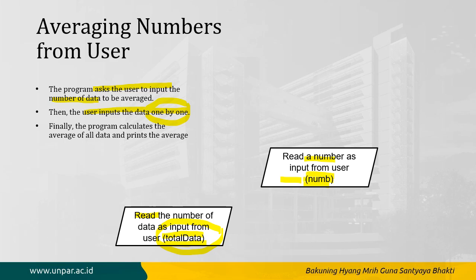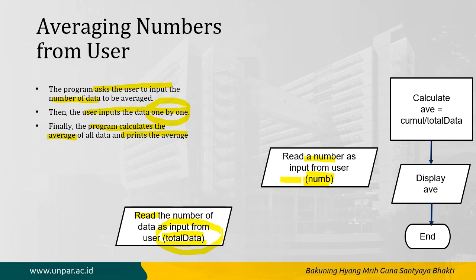Finally, it says that the program calculates the average, and then it will print the average. In order to calculate the average, we need to have something like a cumulative of all data in the data set divided by the total data. Somewhere later we will need to have the cumulative, but here we just say we're going to have a cumulative, with the variable named cumul, divided by the total data that we have.